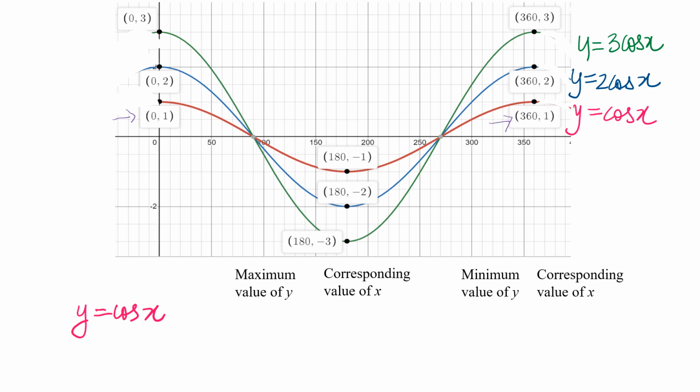Right, so for the maximum value y equals to 1, the corresponding values of x are 0 degrees and 360 degrees. Let's go on to find the minimum value. It happens at this point here, where the minimum value of y is -1 and the corresponding value of x is 180 degrees.